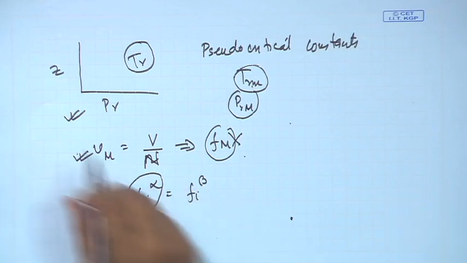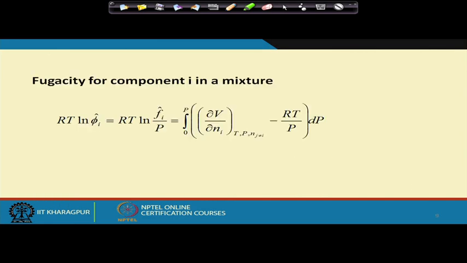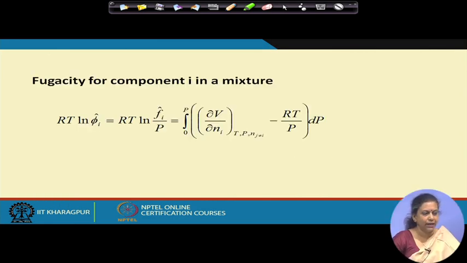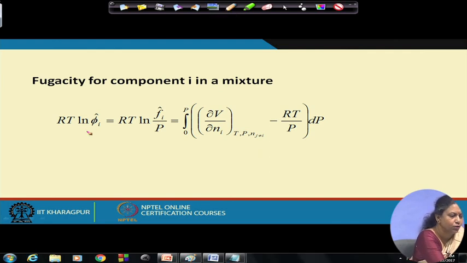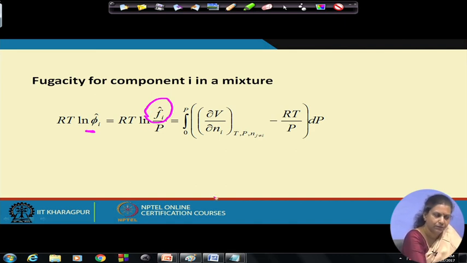So, rather than this particular equation, what we would need under that condition is the equation which I have written down here. Just for the time being, you just note that this refers to the fugacity coefficient of component i in the mixture. This refers to the fugacity of component i in the mixture, right.